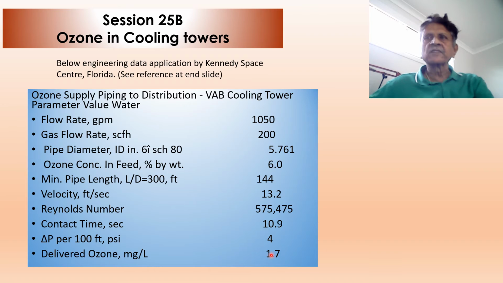So 1.7 ppm is a very low amount of ozone we are applying, and we would be able to get a very good ozone treatment in smaller towers with ozone producing at about 2 to 5 grams per hour.